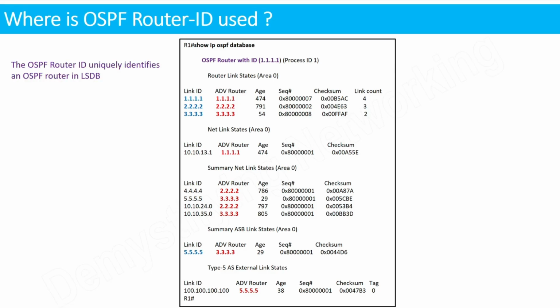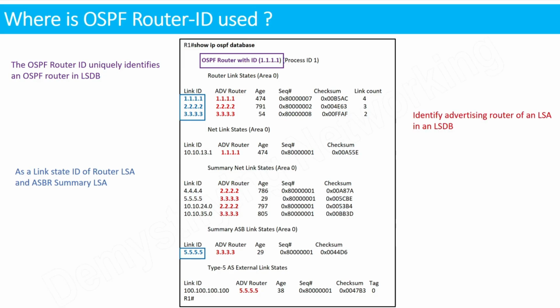OSPF router ID is used to uniquely identify an OSPF router in the link state database. It is also used as a link state ID of router LSA and ASBR summary LSA. OSPF router ID is also used to identify advertising router of an LSA in a link state database.